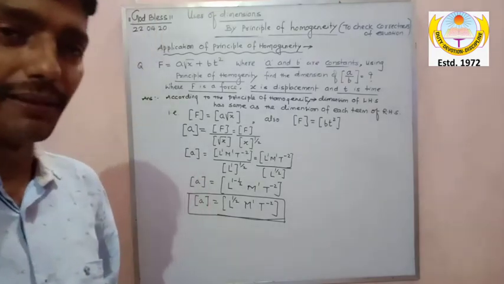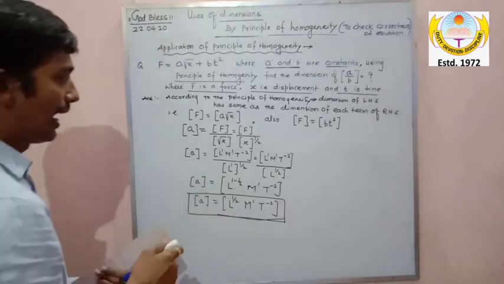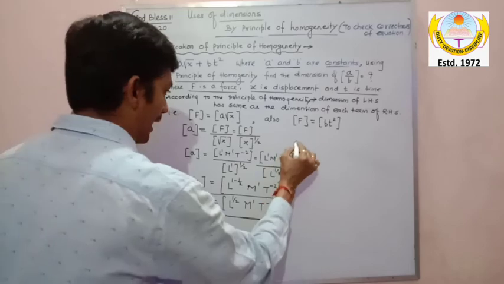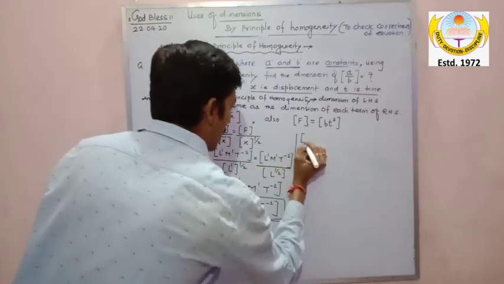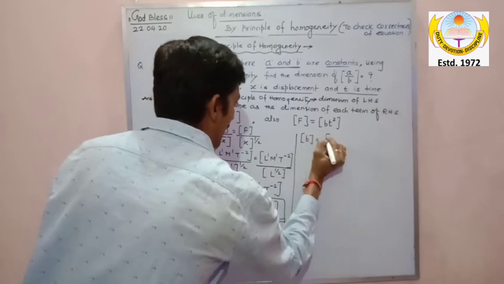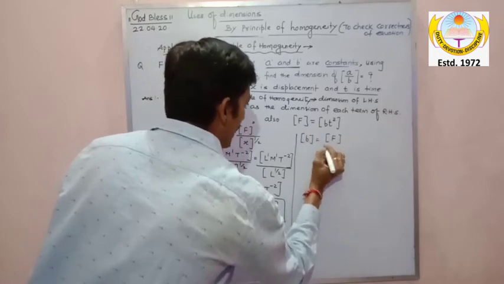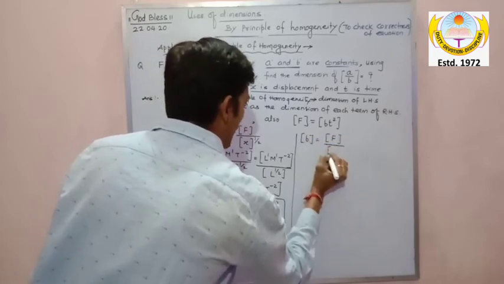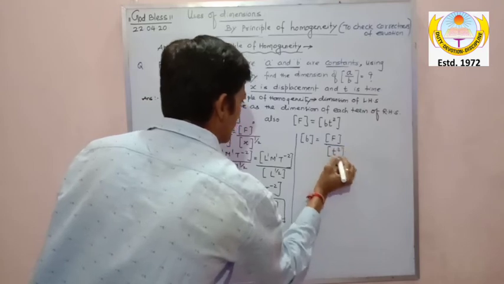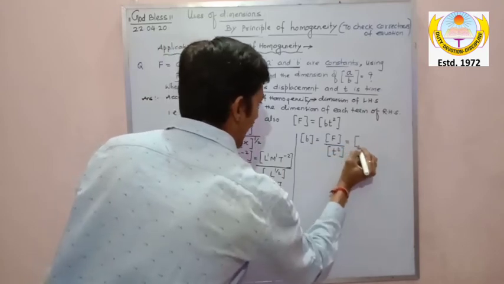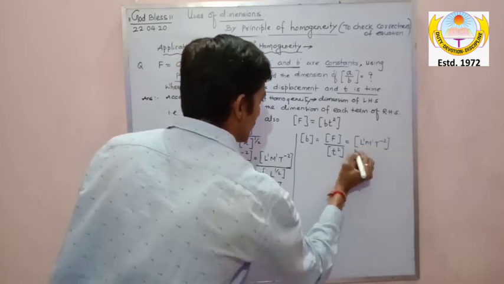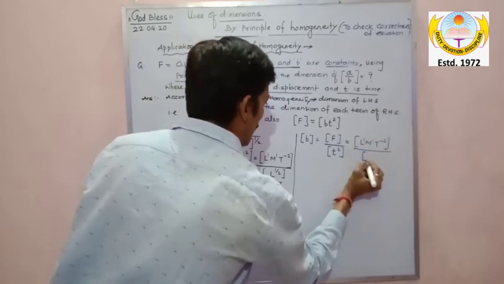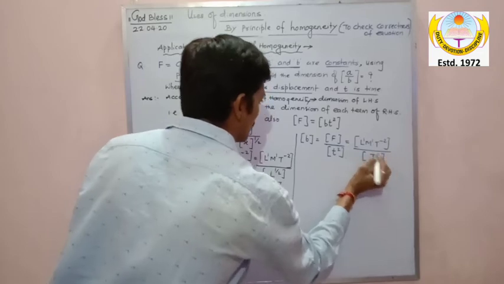Now the next one. Here it is F is equal to BT square. So here the dimension of B is equal to the dimension of F upon the dimension of T square. The dimension of F is L1 M1 T minus 2 divided by the dimension of T square, which is T power 2.